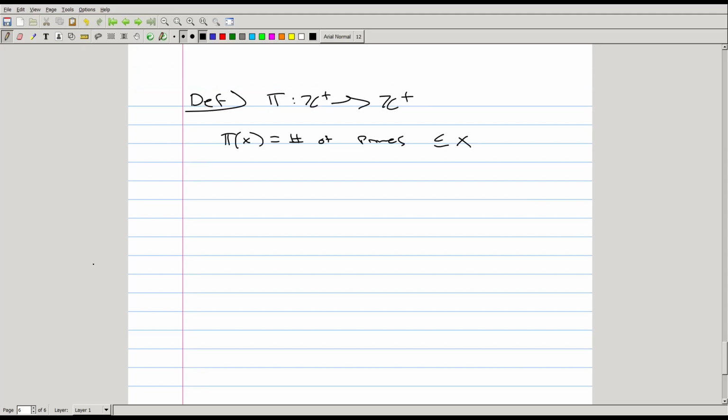And there's actually an interesting theorem that was conjectured by Gauss and Legendre, but wasn't proved until a little bit later, called the prime number theorem.